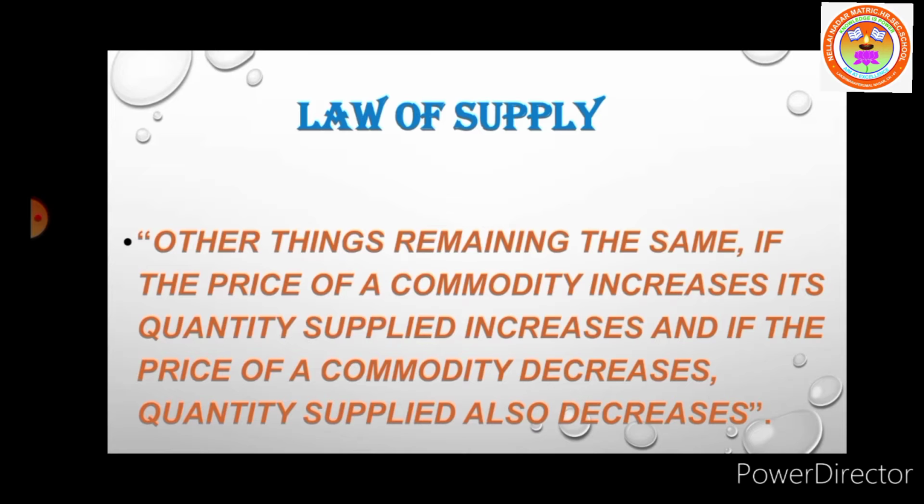Definition: other things remaining the same, if the price of a commodity increases, its quantity supplied increases. And if the price of a commodity decreases, quantity supplied also decreases. So there is a positive relationship between the price and the supply.